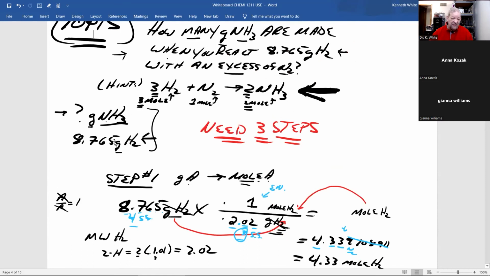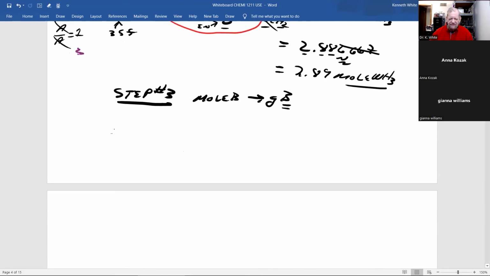We go way back up here, that's ammonia, NH3. And here, we have just figured out moles of ammonia. We want to go to grams of B, in this case, B is ammonia.